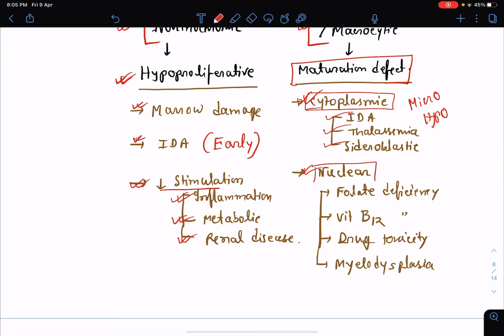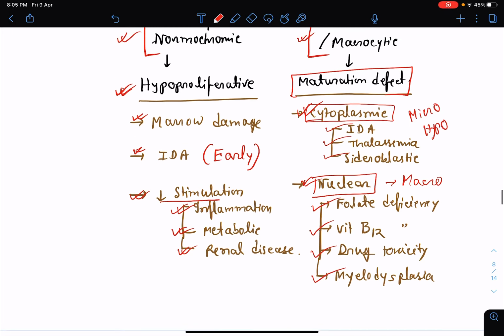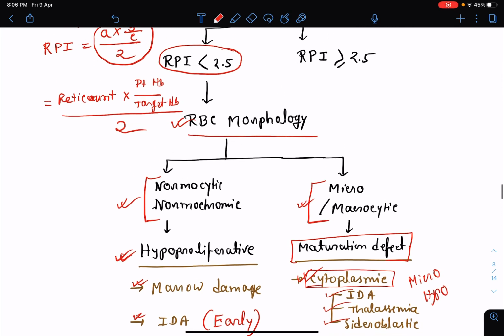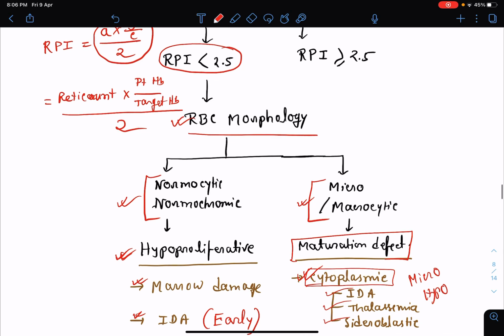In cases of nuclear defect, RBC morphology will be macrocytic. And the causes can be deficiency of folate, vitamin B12 deficiency, drug toxicity or myelodysplasia. So, this is about when the reticulocyte production index is less than 2.5. This is how we are going to approach a patient, or we are going to classify anemia.